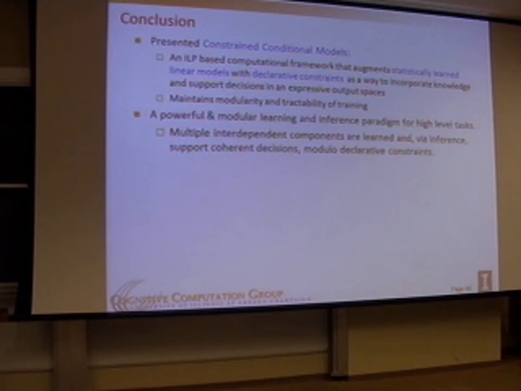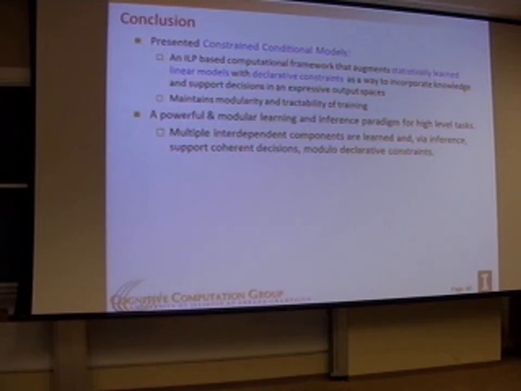One of the nice things about this is that it allows us to maintain modularity, software engineering principle if you want, and tractability of training. And there's a lot of work on showing that you can do powerful yet modular learning and inference for high-level tasks in this.